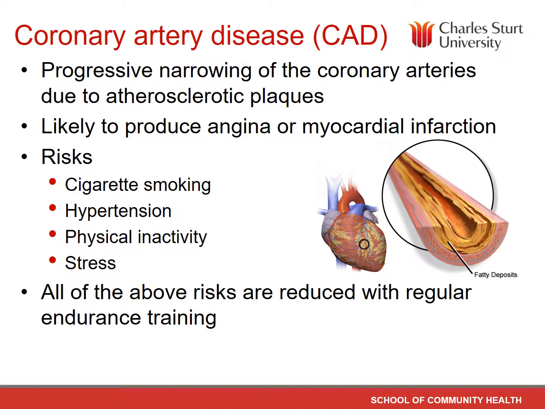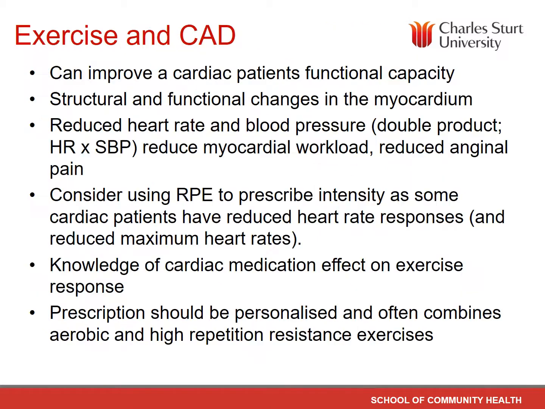And like this subject leads to, all of the risks are reduced with regular endurance training, and again those mechanisms include the ability to make those vessels stretchy, lowering that hypertension, and making your risk factors a lot lower.